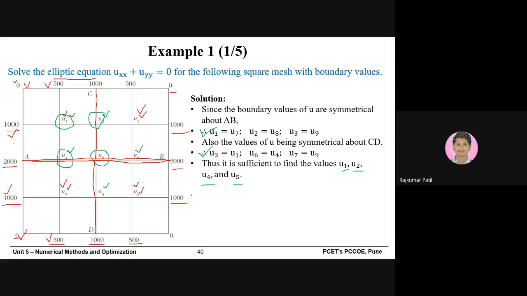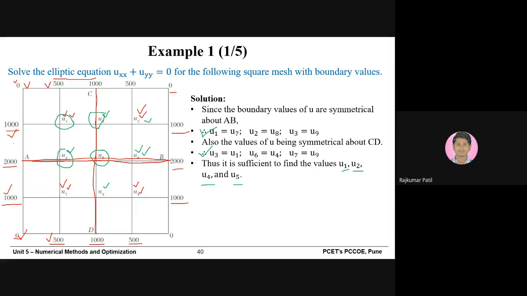Otherwise, what will happen? You need to do so many iterations, and you will start calculating all the values again and again. So it becomes a time-consuming process. So look at the boundary values and check whether there is any symmetry or not.